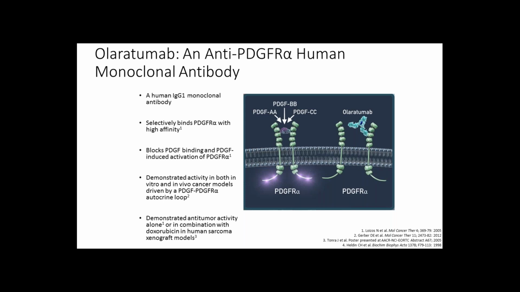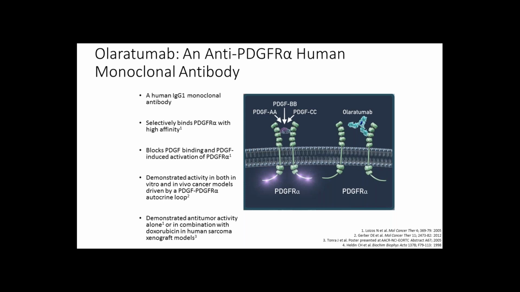And Olaratumab demonstrated activity in both in vitro and in vivo cancer models, and demonstrated activity in these models when they were driven by PDGF binding to PDGFR alpha in an autocrine loop.